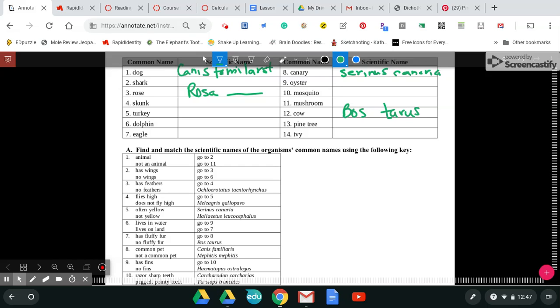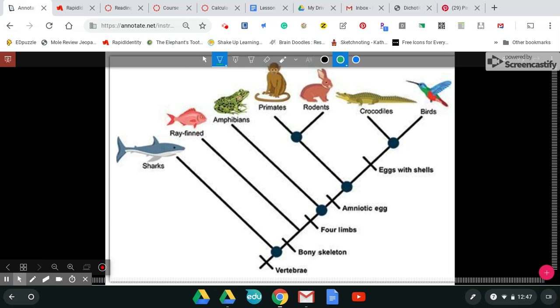All right, so now I want to skip to my next page, which is looking at a cladogram. A cladogram shows evolutionary histories of species. All of these species here are related, and these things over here are all the derived characters.